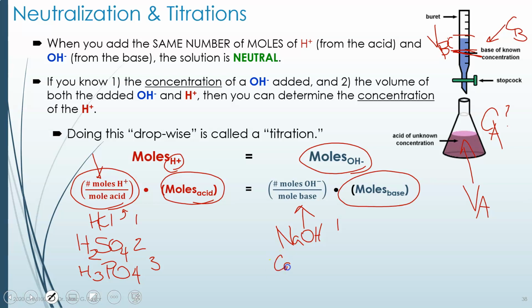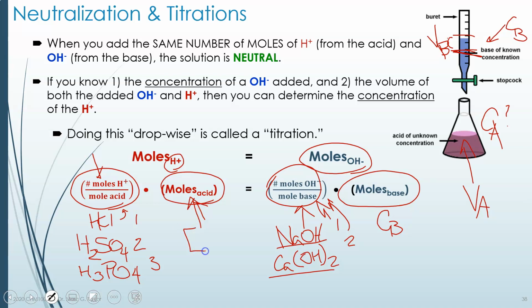Whereas if you were using, say, calcium hydroxide or one of the other alkaline earth metals, it has 2 hydroxides, so you'd put 2 in this number here. And then you just use the concentration of the calcium hydroxide or the concentration of the sodium hydroxide over here. So that's your concentration of base, and this is how many hydroxides per base you have. Whereas this is your concentration of acid, and this is how many acid groups per acid you have.